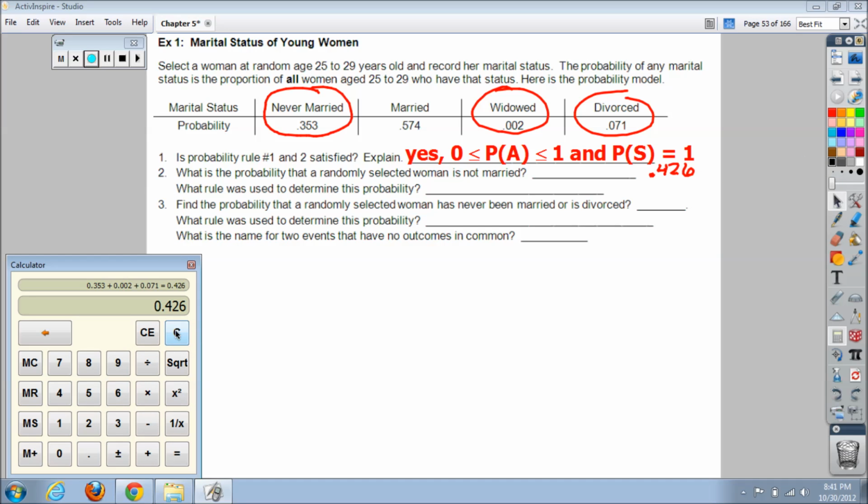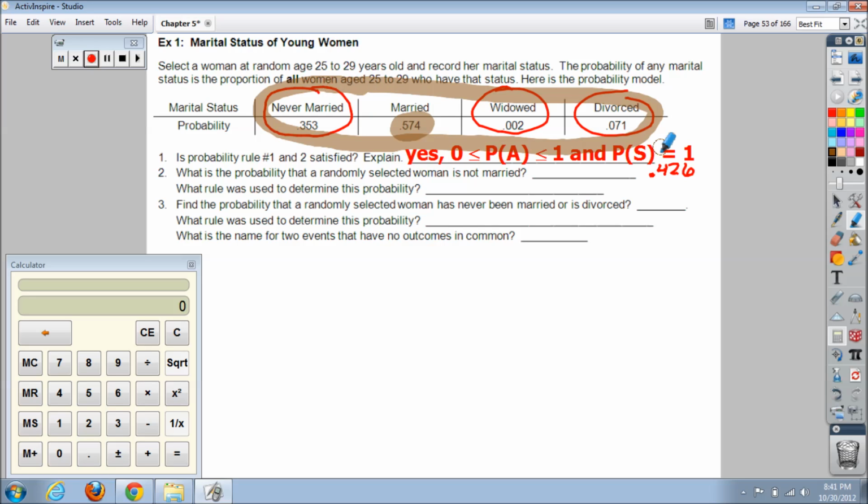Now, most of the time that's what you guys are going to do. You're going to add together all the different outcomes that meet that criteria. Another thing you could do is look at this. If you want to know the probability that a randomly selected woman is not married, well, women who are married is 0.574. Now, what did all of these probabilities add up to be? 100%.